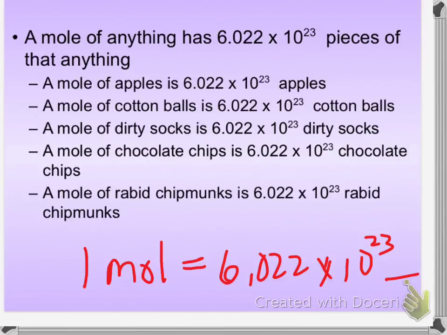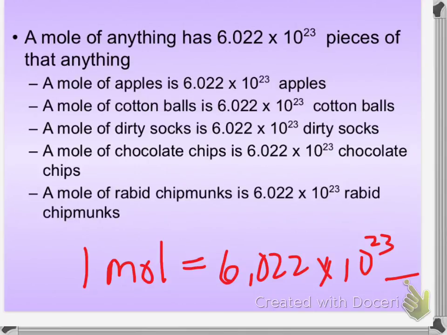When we start to do reaction stoichiometry in Chapter 9, which is most people's far and away favorite chapter, we have to understand the unit of the mole because you're looking at individual atoms interacting with other individual atoms, and so you're looking at ratios. So we have to understand how to figure out how many moles of a substance we have in order to figure out how it will react with other substances.